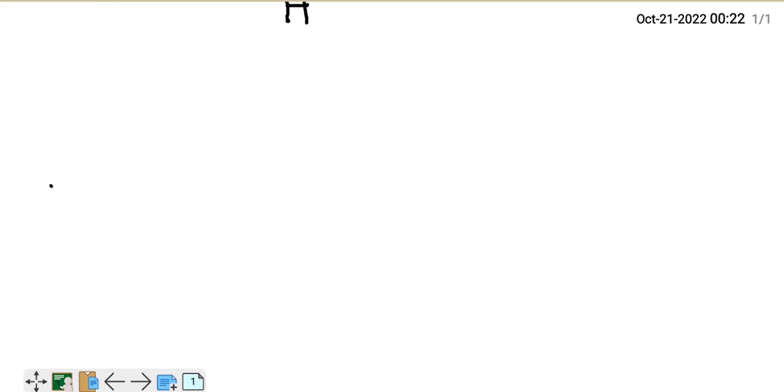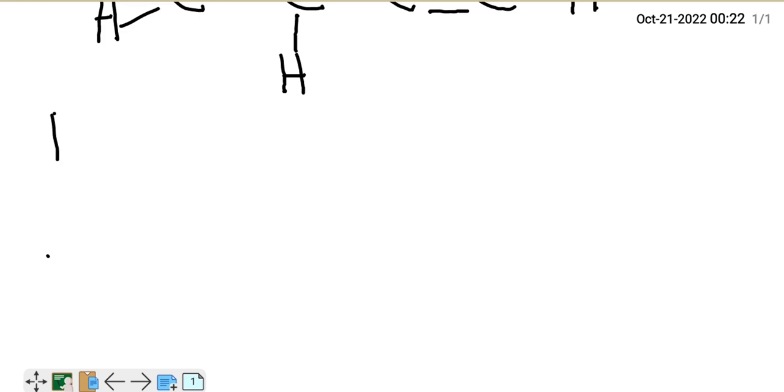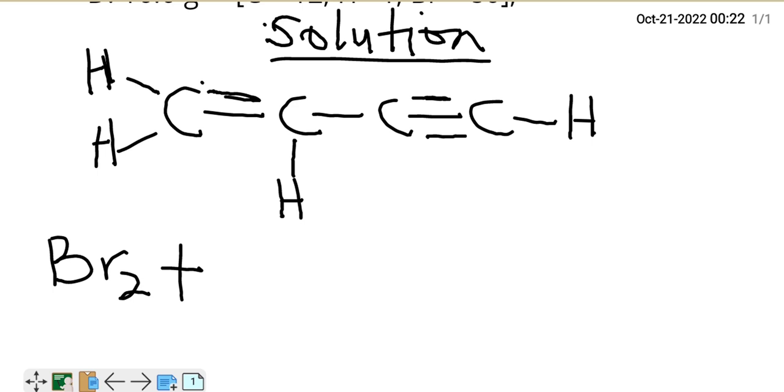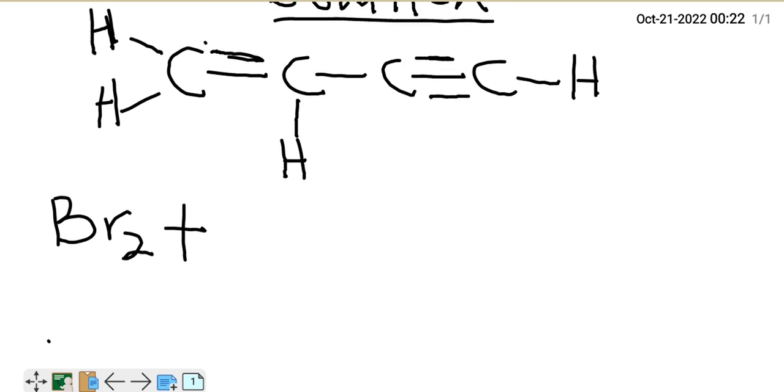So now we can go ahead and write the equation. In writing the equation, they said bromine reacts with but-1-en-3-yne. The but-1-en-3-yne has 4 carbon atoms and then 4 hydrogen atoms. So C4H4.